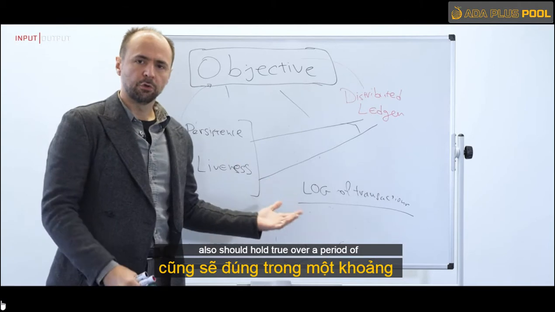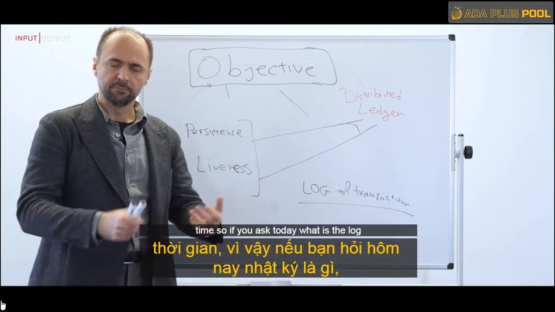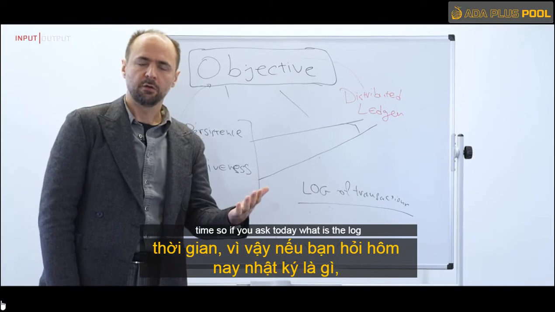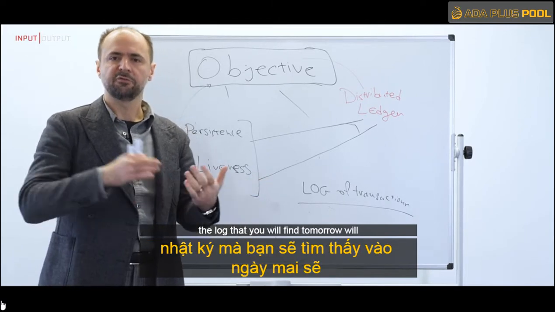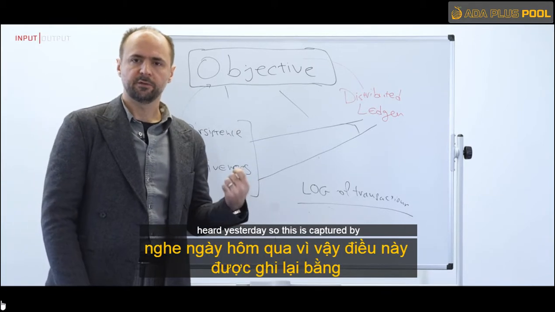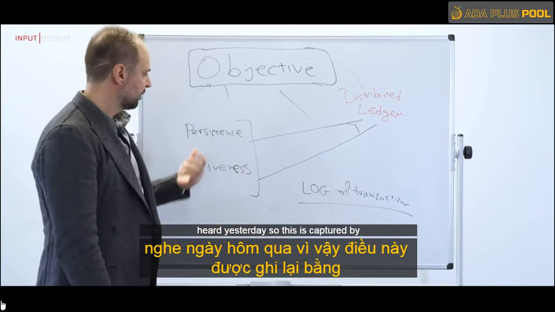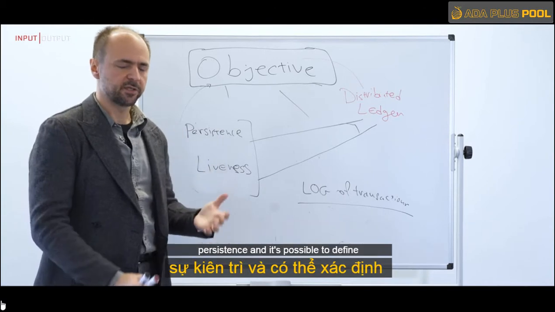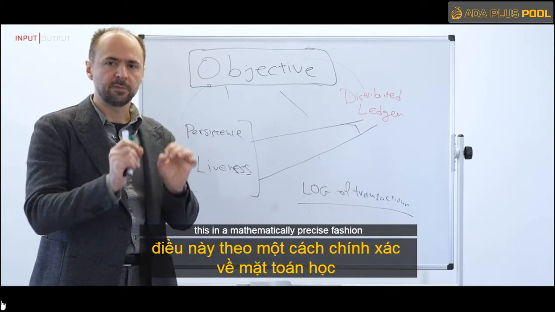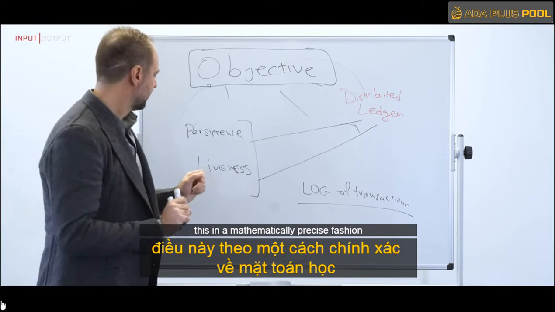And that also should hold true over a period of time. So if you ask today, the log that you will find tomorrow will be an extension of the log that you heard yesterday. So this is captured by persistence, and it's possible to define this in a mathematically precise fashion.